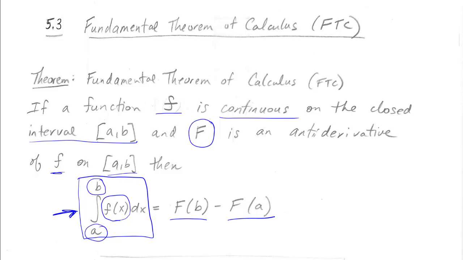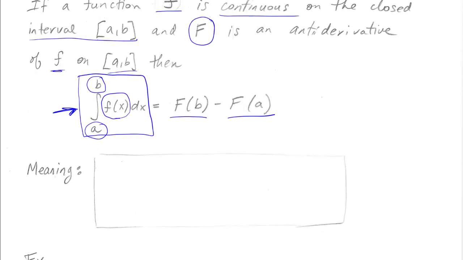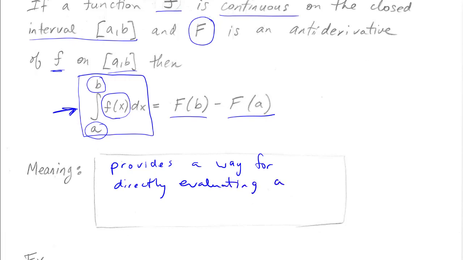That provides us with a way of actually evaluating this integral. So that's what I was going to say, the meaning provides a way for directly evaluating a definite integral.